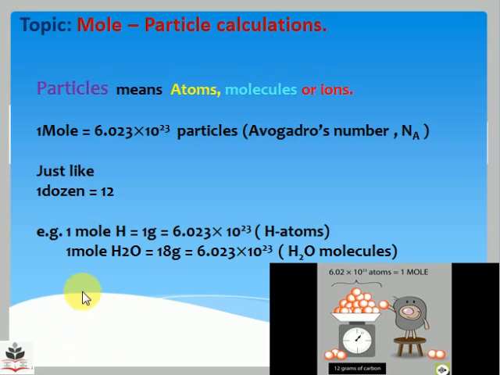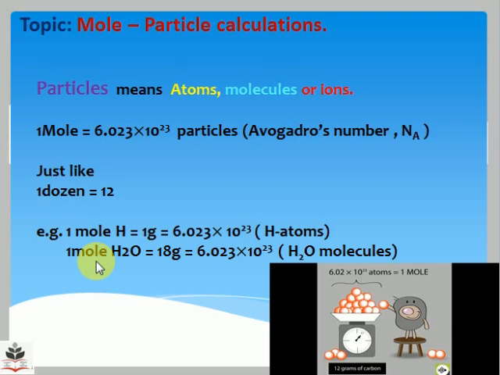As you know, 1 mole means the atomic mass or the molecular mass expressed in grams. So if I take 1 mole of hydrogen, the mass will be 1 gram. 1 mole of hydrogen contains how many hydrogen atoms? It will contain 6.023 × 10^23 hydrogen atoms.